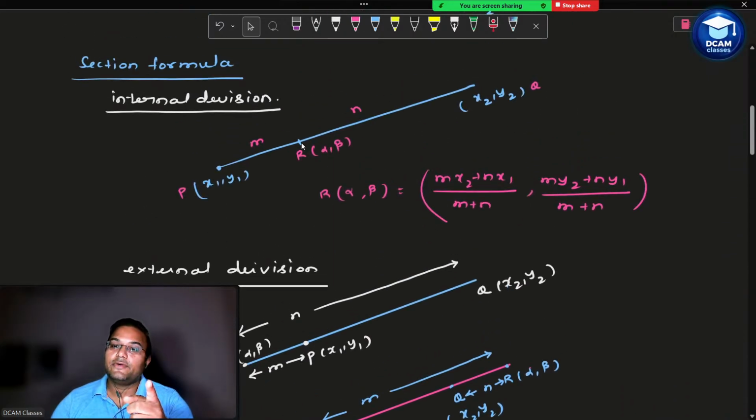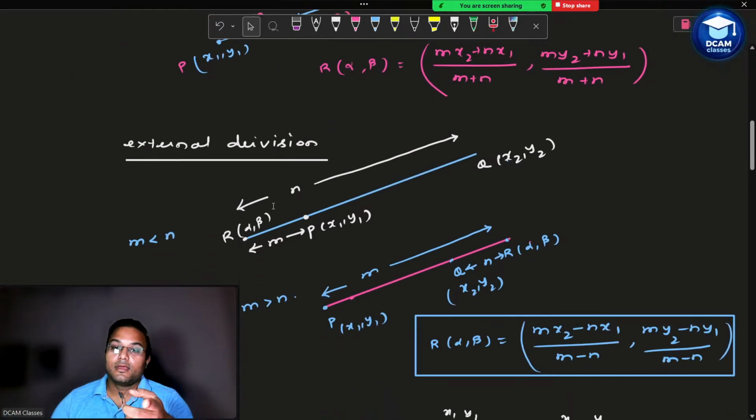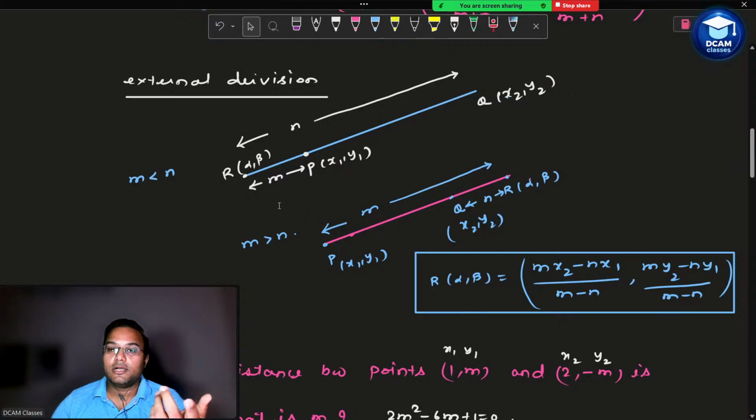Earlier the thing was the same, but R was present in between them. How do we find out whether R is on the side of P or on the side of Q? It depends on whether m is greater or smaller. If m is smaller than n, it will lie on the left of P. If m is greater, it will lie on the right of Q. See both diagrams, just observe them.